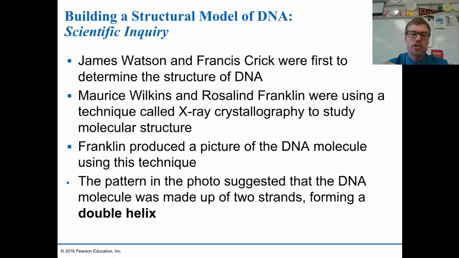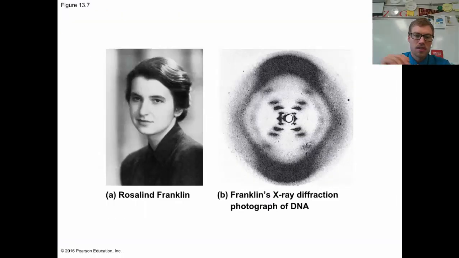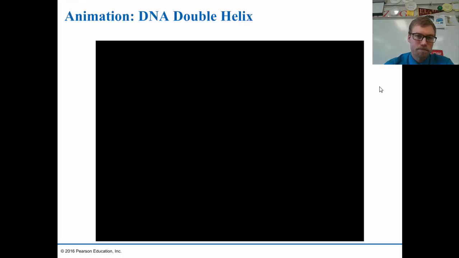The picture is what showed that DNA was made up of two strands in a double helix. So here is a picture of that. You can see the helical structure here from the X-ray crystallography. The other thing that it helped them to determine was the width of the helix itself, which was able to also confirm the fact that A should pair with T and G should pair with C.